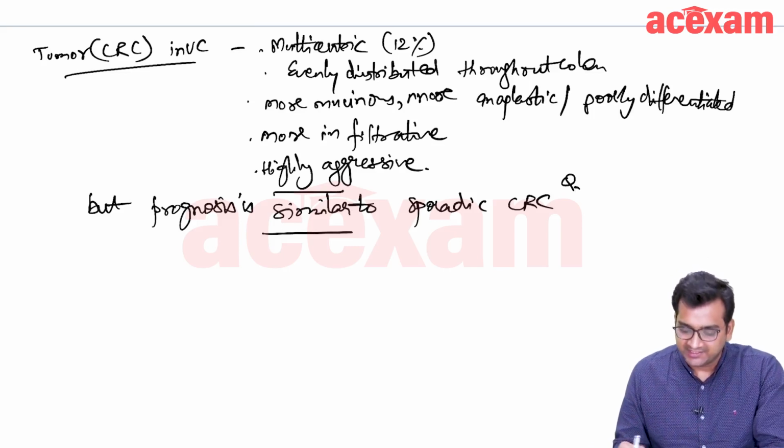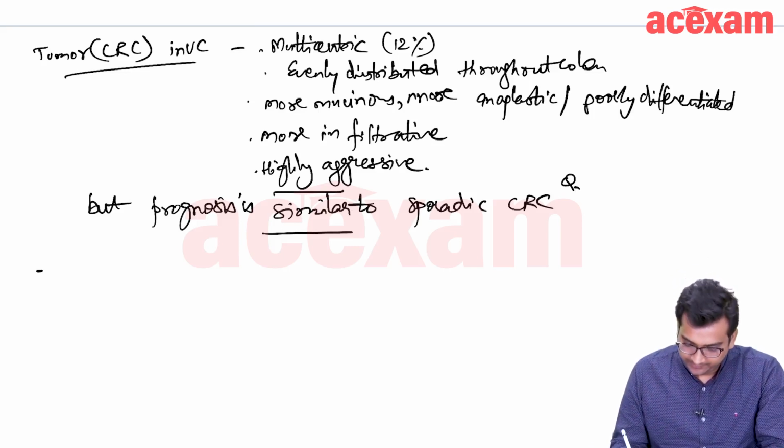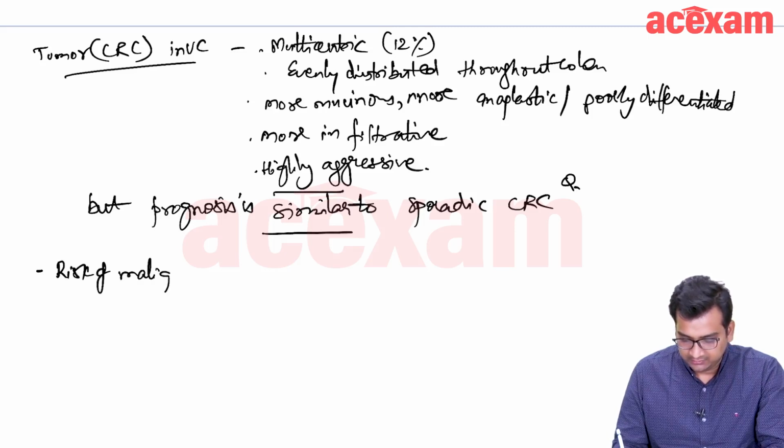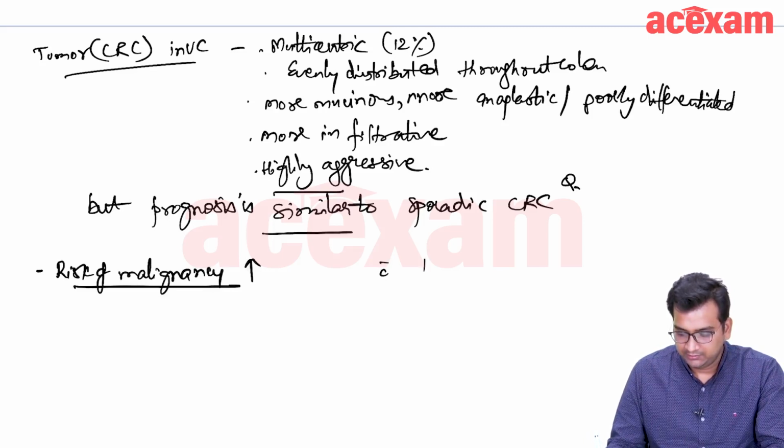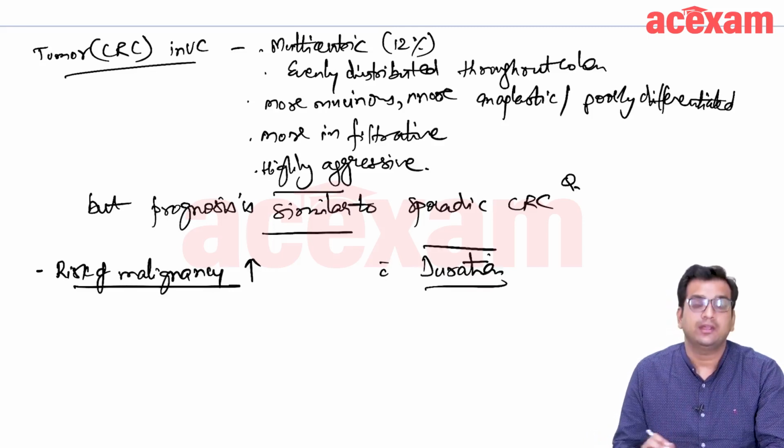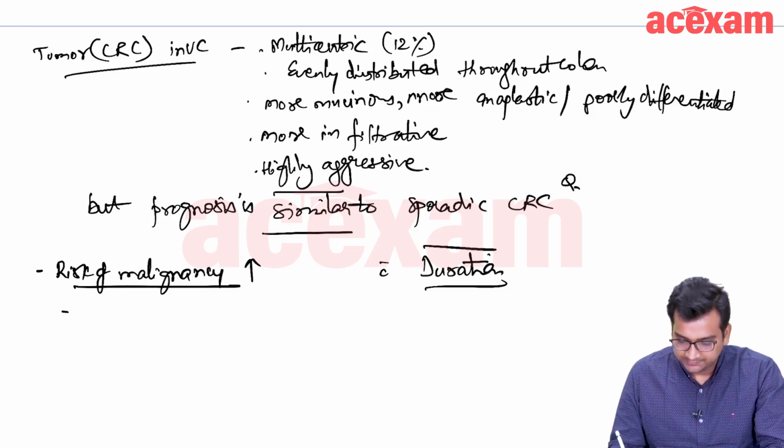Now, as the duration of ulcerative colitis increases, the chances of developing malignancy also increases. We have to remember the percentages. Okay. Now, risk of malignancy increases with duration. What is the risk in ulcerative colitis?